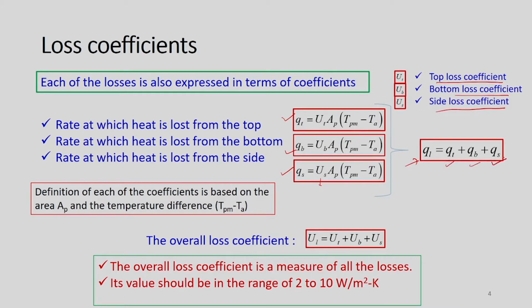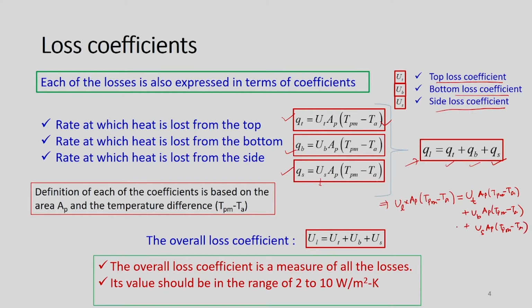As we understand, this Ql is nothing but the sum of all three losses, that is Qt, Qb and Qs. If we substitute this expression for Ql, already you know UL multiplied by Ap, then Tpm minus Ta, is equal to Ut Ap, this expression, then Tpm minus Ta, plus Ub Ap Tpm minus Ta, plus Us Ap Tpm minus Ta.